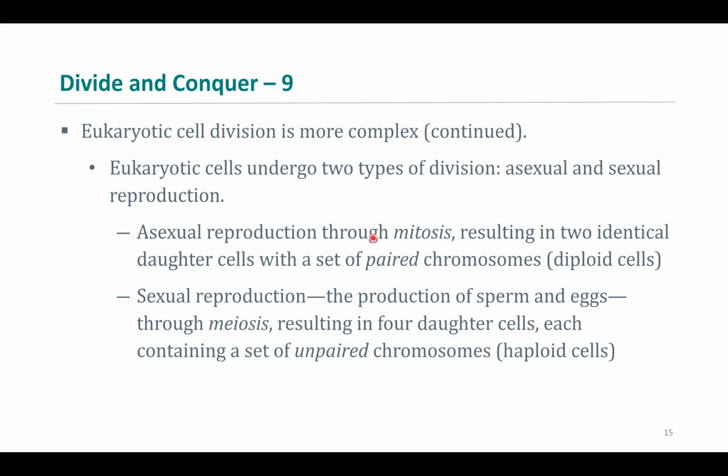So asexual reproduction will produce two cells that have 43 chromosomes in each. But in sexual reproduction, you're only going to have half the amount of chromosomes per daughter cell.